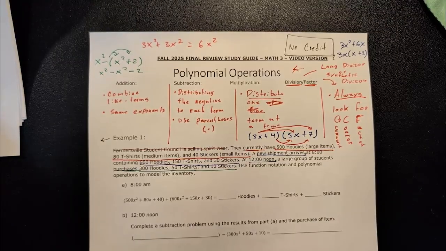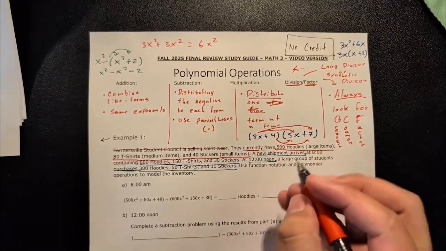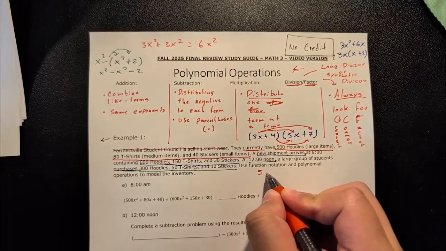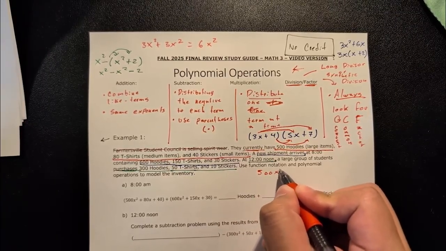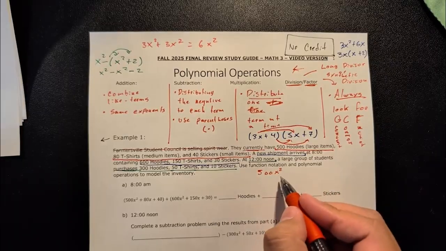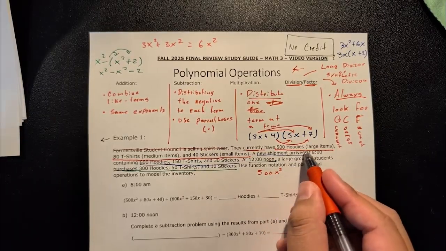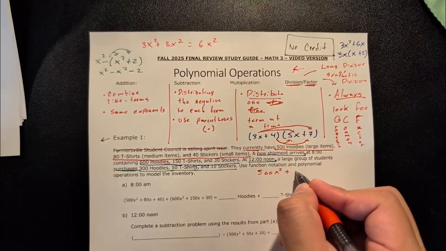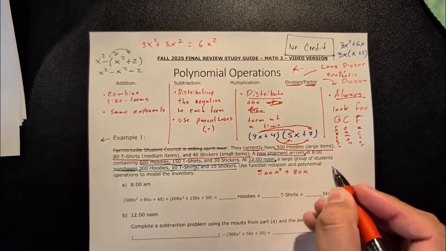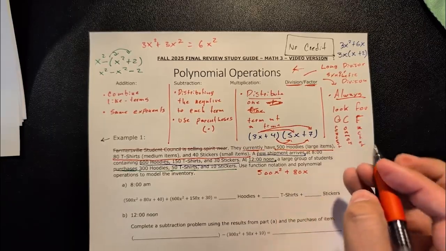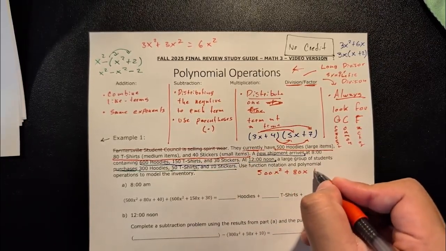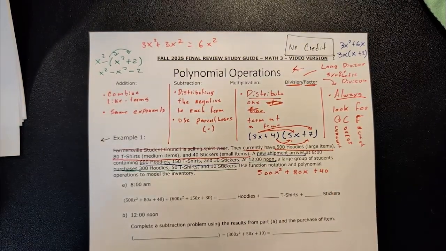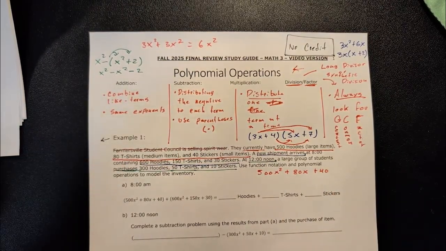The way I'm going to model this using a function is I'm going to write 500x squared, letting x squared represent my hoodies, and then 80x to represent 80 shirts, and then 40 stickers. I'm just going to leave it as a constant. That's the one in red.